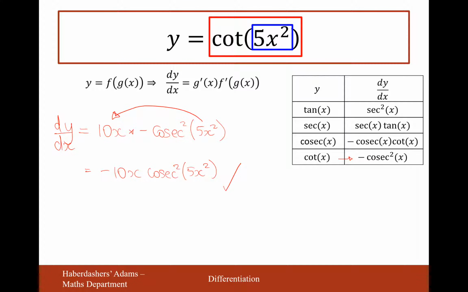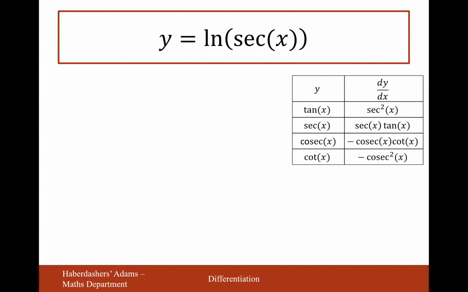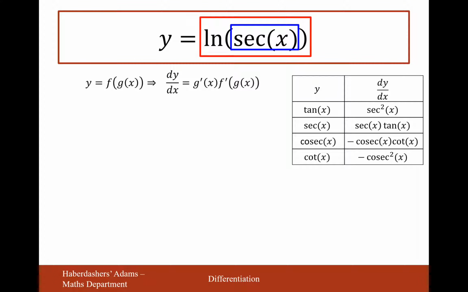Moving on to the next one. Ln sec, well here again we have the chain rule, we have one function inside the other function. So it's going to be sec as our inside function and ln as our outside function. So let's get started on this derivative. The inside function sec differentiates to sec tan.